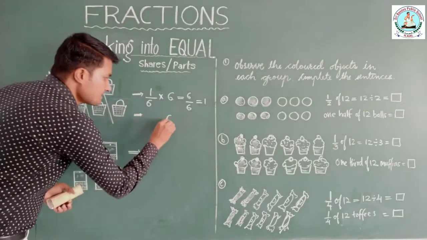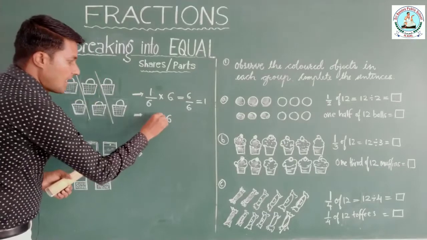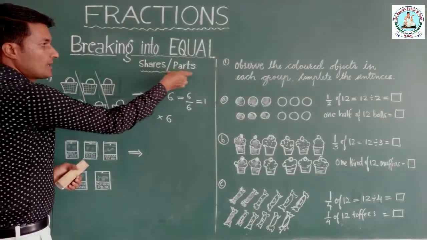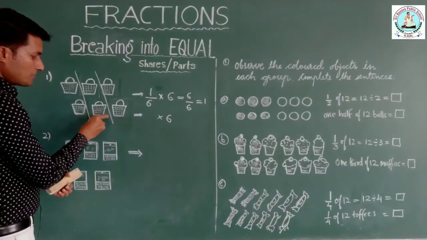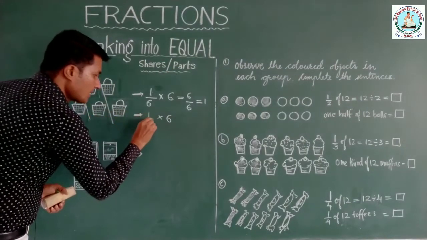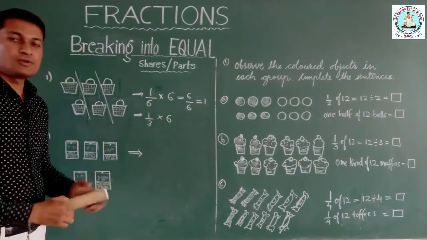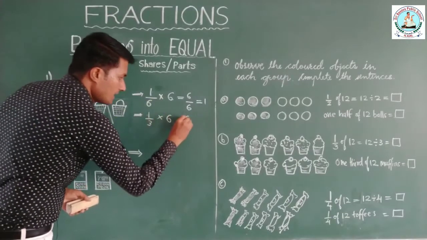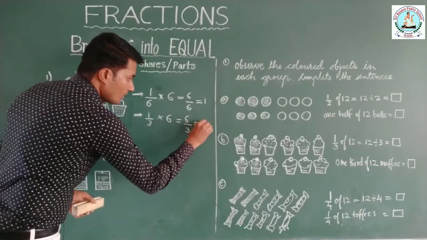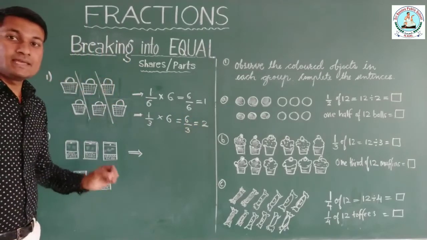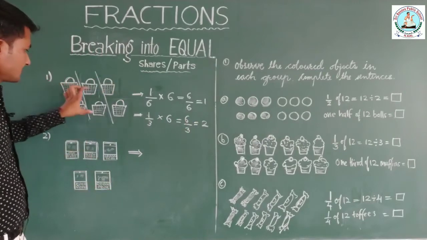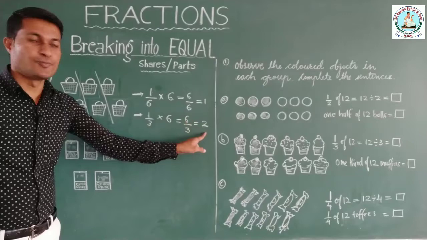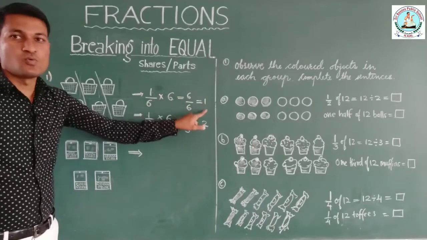There are 6 baskets, and I divided them into 3 equal groups, and afterwards I will get 2 baskets in each part. So that is why 1/3 of 6 is 2 and 1/6 of 6 is 1.